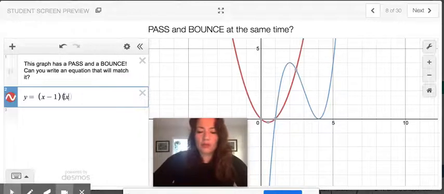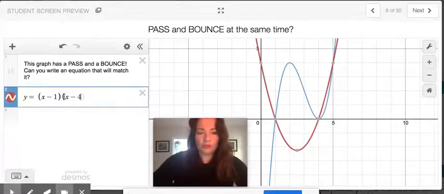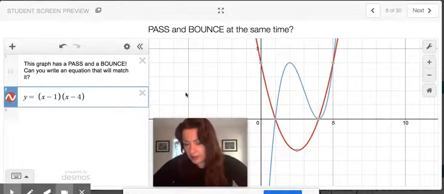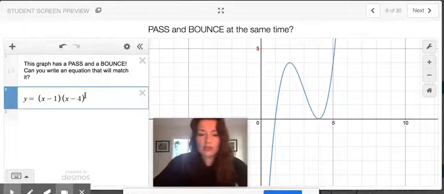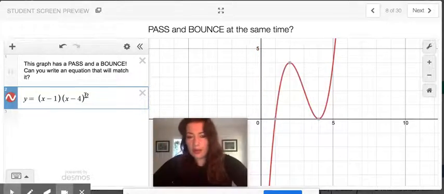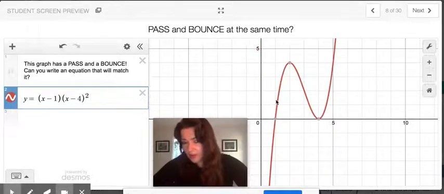So then it also bounces through 4. If you left it like this, you could see that what we created was a parabola, and it does cross our intercept, but it doesn't match our graph. So where it bounces right here, you would need to raise it to the second power. And there we go, our graph matches. Now, the order in which you write your factors doesn't matter.